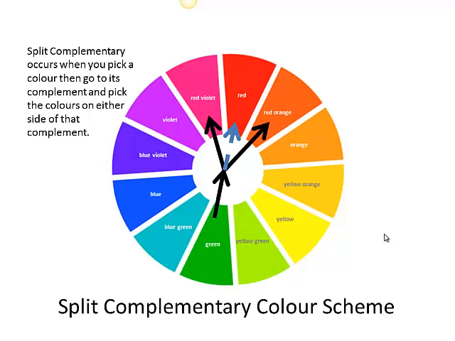A split complementary occurs when you pick a color, then go to its complement, in this case green, so we're going to red, but then we choose the colors to the right and to the left of it. So we have red-orange and red-violet. So that's a split complementary color scheme.